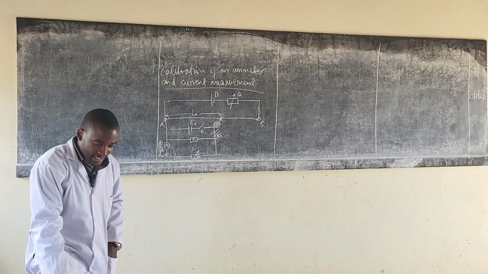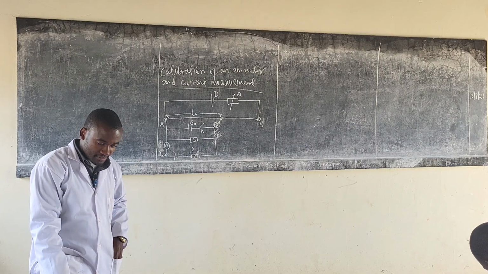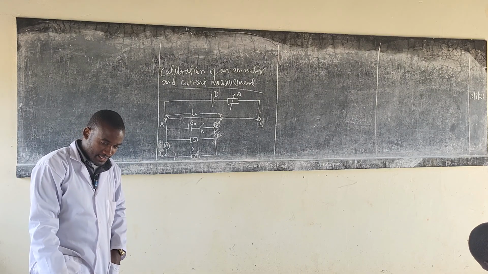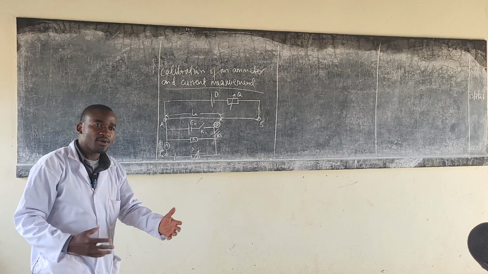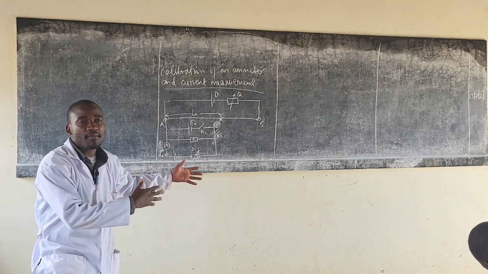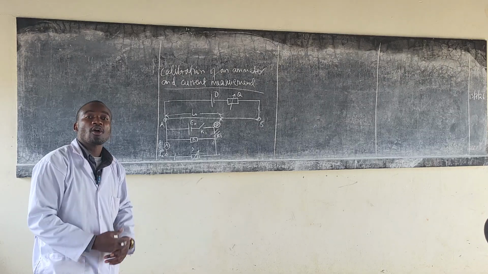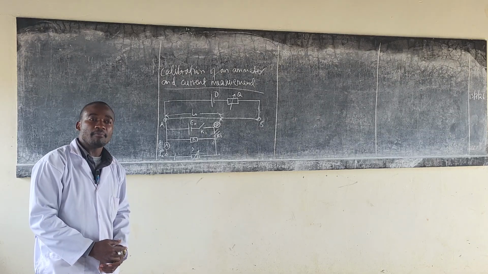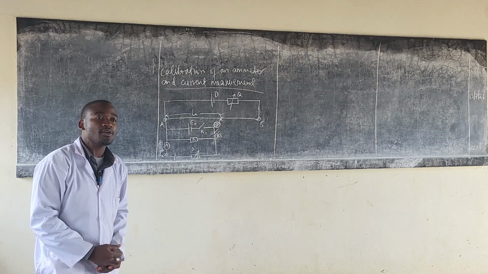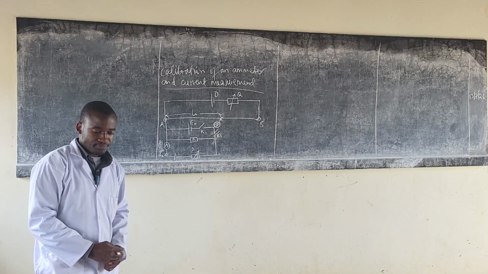Connect a standard cell of EMF E0. Most of the work that we are going to do, or that I'm going to read here, is simply about how it works. Then where we need to work, the core objective of why we are applying it is simply a mathematical equation.